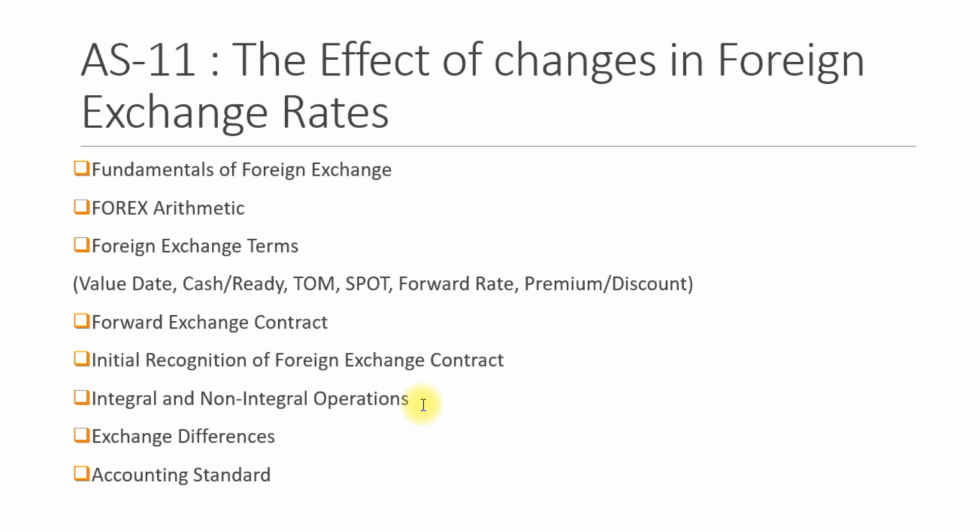The transactions are translated as though the entire transactions are done by the reporting enterprises. So here we have the concept of foreign operations as well as reporting enterprises. The transactions which happen are entirely translated as though the entire transactions happen by the reporting enterprises.